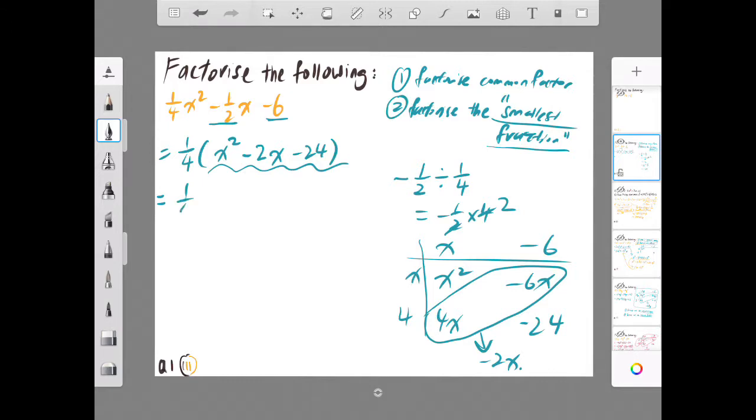So we have 1/4 multiplied by x minus 6 and x plus 4. Just take note that we have to factorize out the smallest fraction. And how do we do that? We use the original, for example, negative half divided by 1/4, and also negative 6 divided by 1/4 to derive all this. With this, let us move on to the second question.